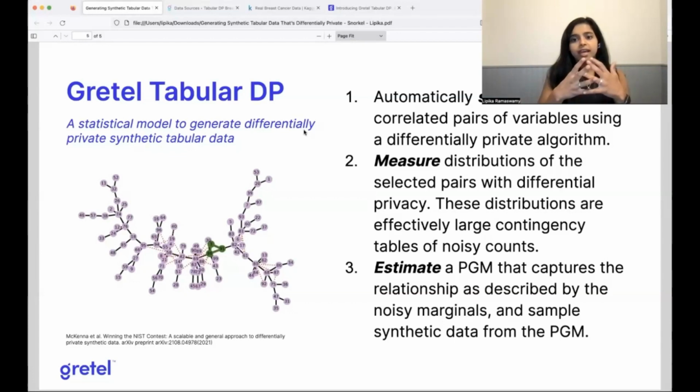And so we're basically creating these large contingency tables, and they're multidimensional. And using those, we estimate a probabilistic graphical model that captures the relationships described by these very noisy measurements. Once we learn that probabilistic graphical model, we can sample from it.